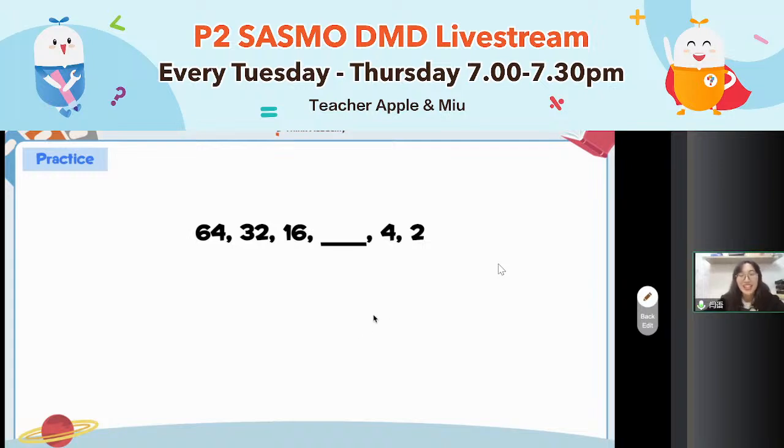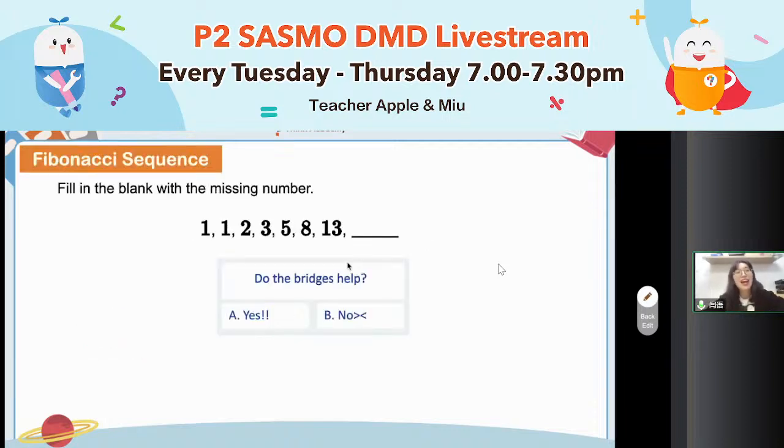Yes, correct, right? So now you see that it should be division, okay? Division. We always divide by 2 here. 64 divided by 2 equals 32. 32 divided by 2 equals 16. 16 divided by 2 equals 8. And then move on, 4 and 2. Okay, good job.